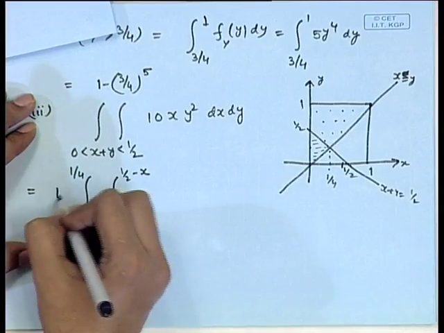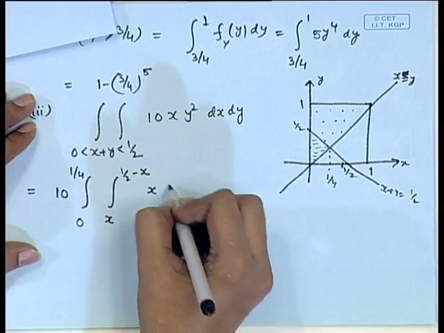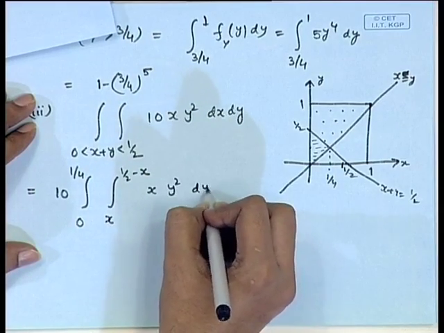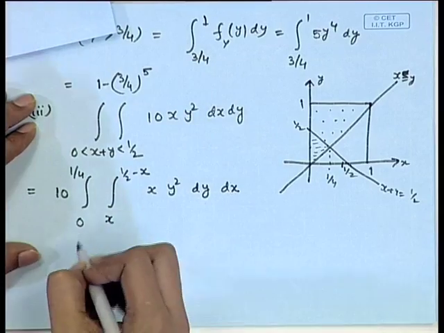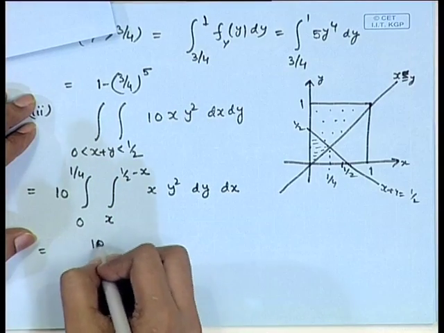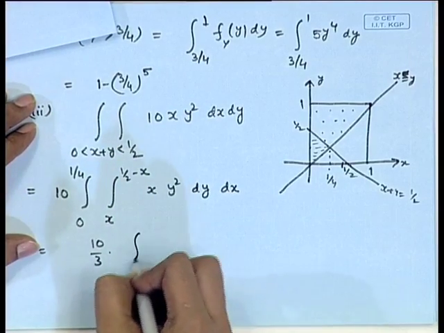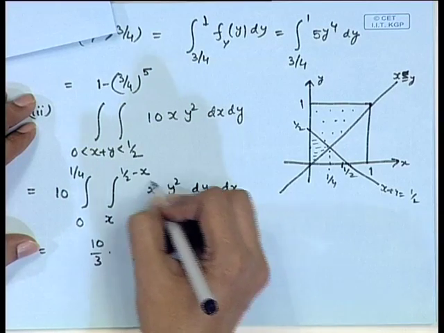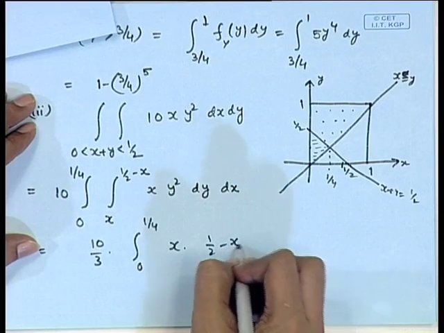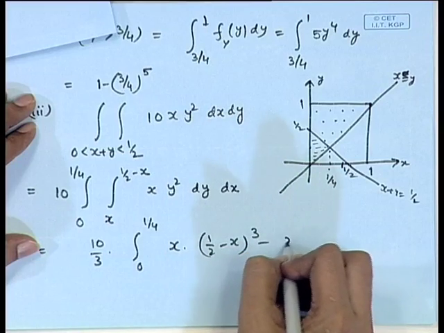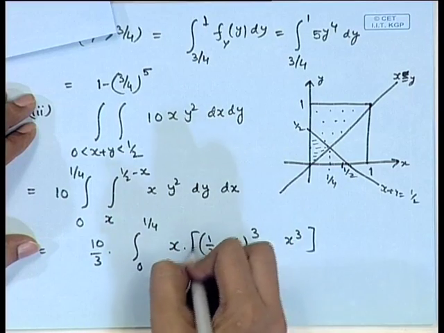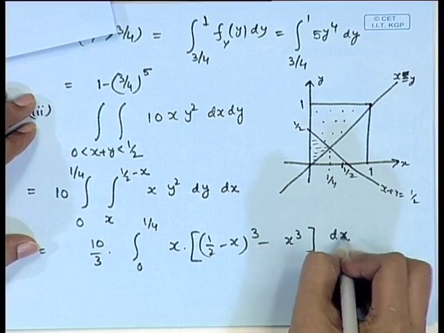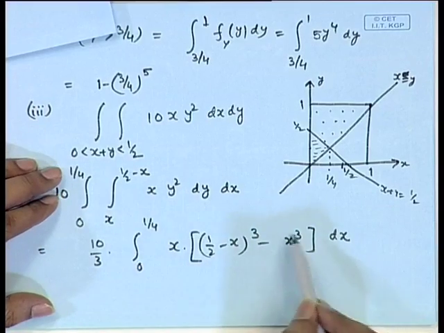So, this is 10 x y square dy dx. So, this is 10 by 3, integral 0 to 1 by 4 of x, now this is y cube, so it is half minus x cube minus x cube. So, this is a simple integral and one may be able to evaluate this quickly.